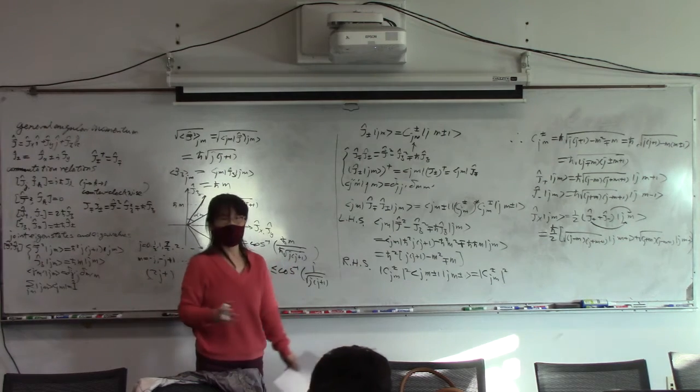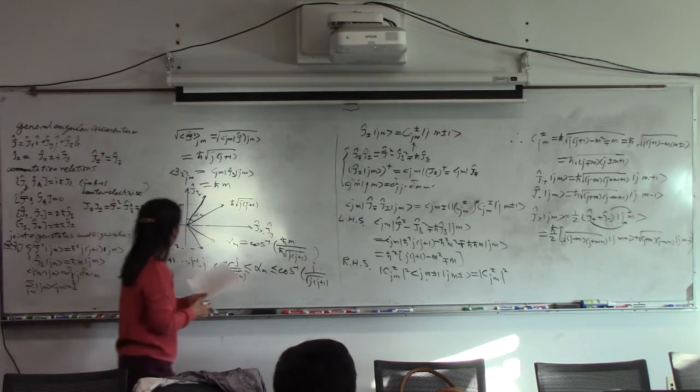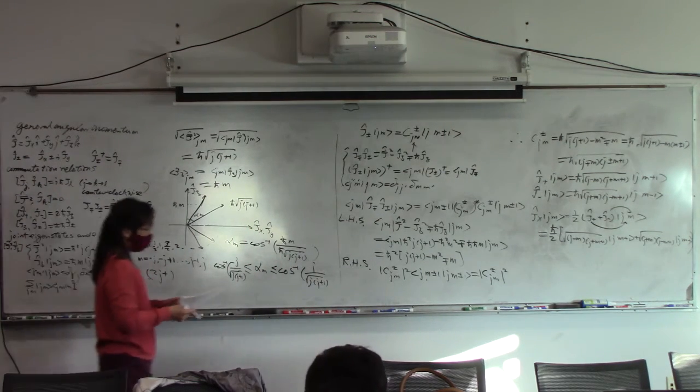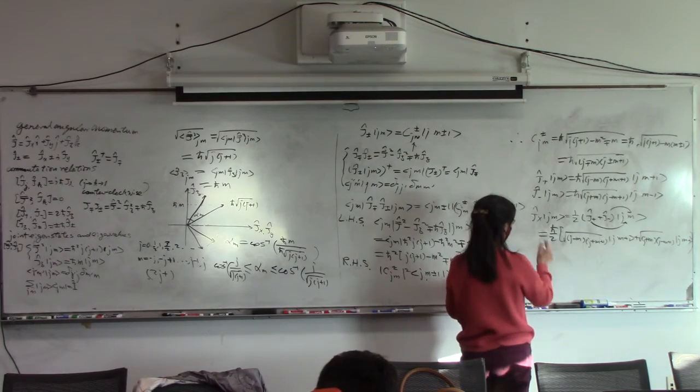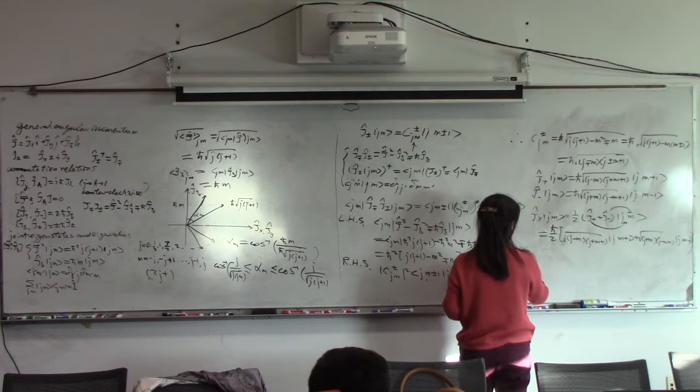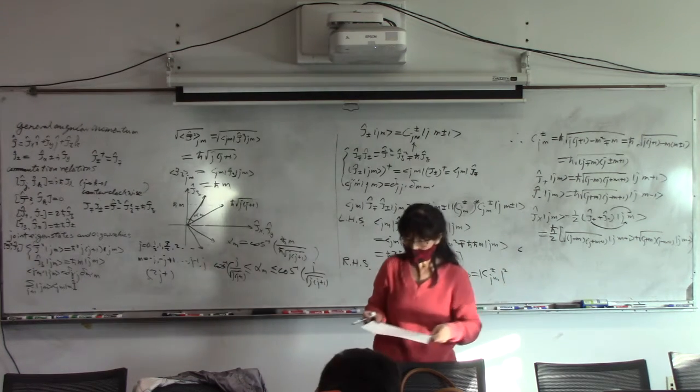Similarly, Jy. So you can do Jy. Jy is minus, right? So I just leave you to do yourself. Now, then let's consider what's the expectation value of Jx, Jy.